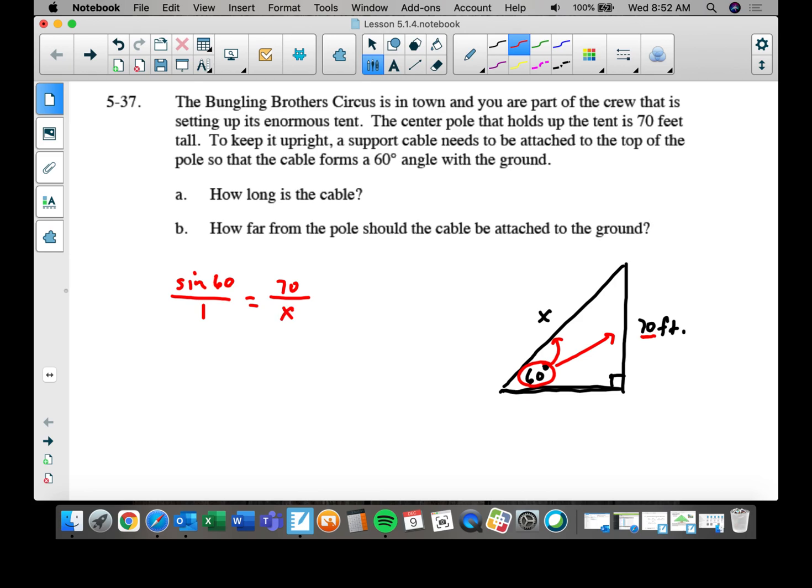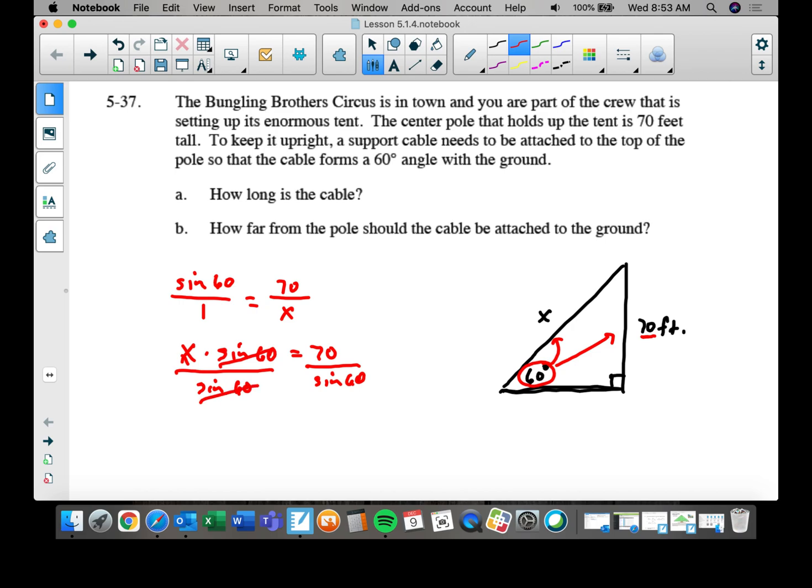Now at this point, we're going to cross multiply. I get x times the sine of 60 equal to 70. Now, x is not by itself yet, so I need to solve for x, which means I need to divide both sides by the sine of 60 degrees.